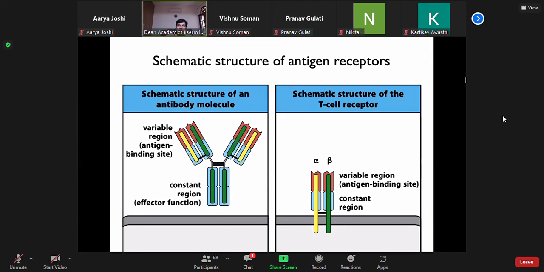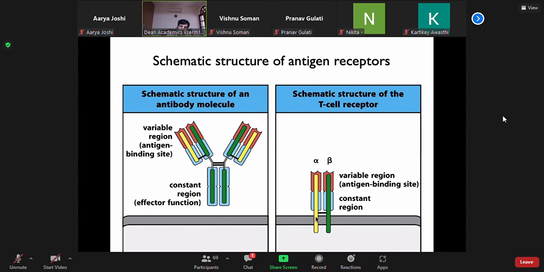On the other side, the structure of the TCR is shown. You have two chains, alpha and beta. You have the variable region and the constant region. The alpha and beta chains are hooked together with this disulfide bond.